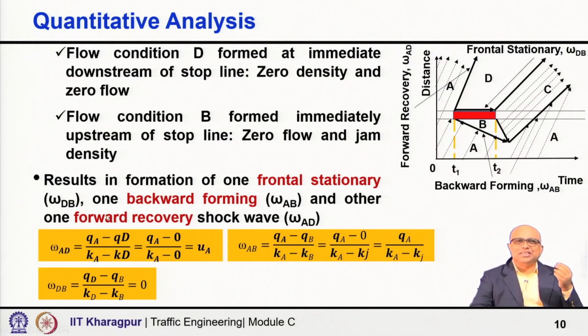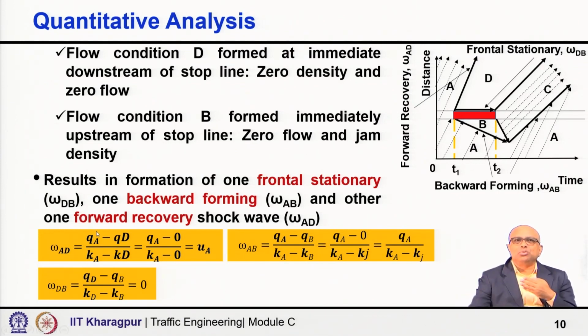And altogether this phenomenon, that the traffic light is turning from green into red, results in the formation of one frontal stationary shock wave, between D and B. And one backward forming shock wave between traffic state B and A, backward forming because it is moving towards upstream as more and more vehicles are joining the queue.